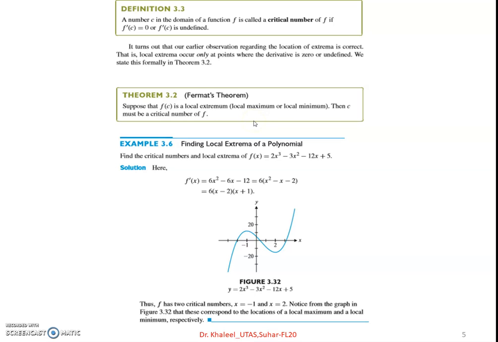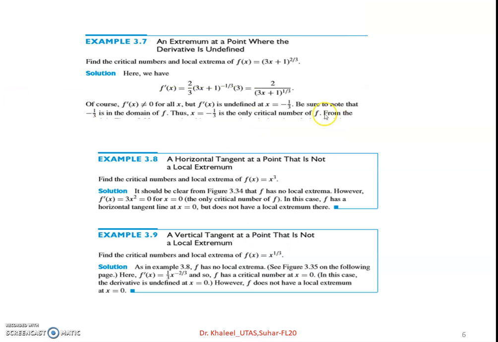So, here we have some examples. Find the critical number and the local extremum of this. I find the derivative of this, then I simplify it. Look at it, if I equate to 0, you get 2 equal to 0, so you won't get any value of x. Since there is a denominator, when the denominator is 0, the function is not defined.